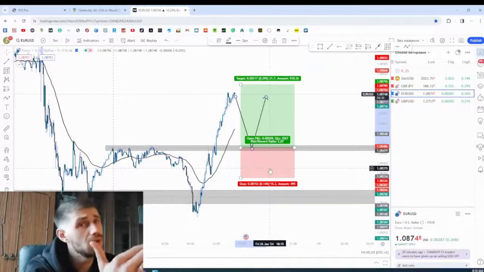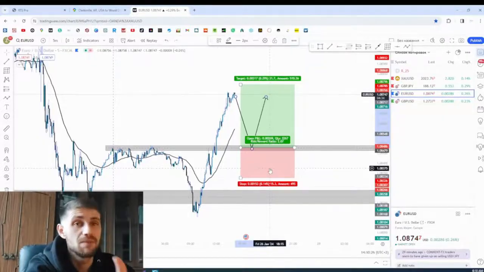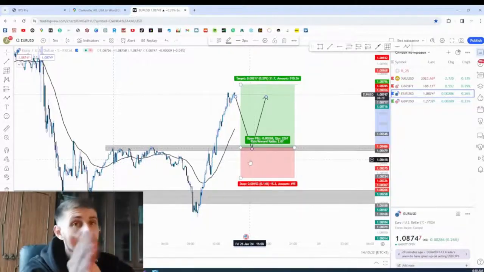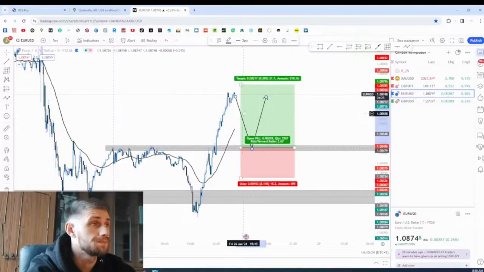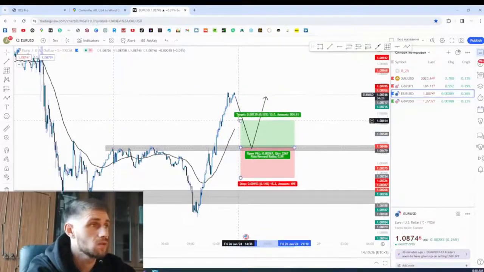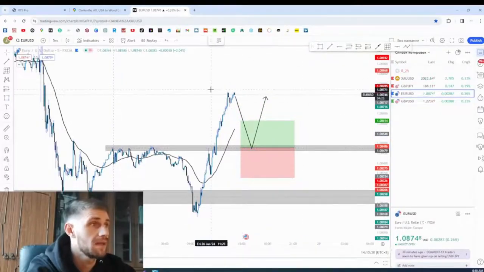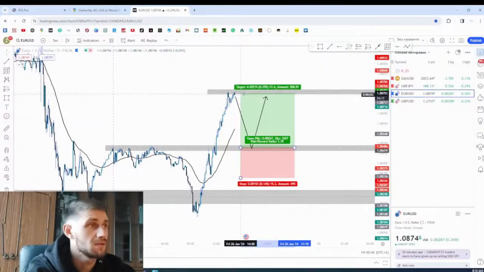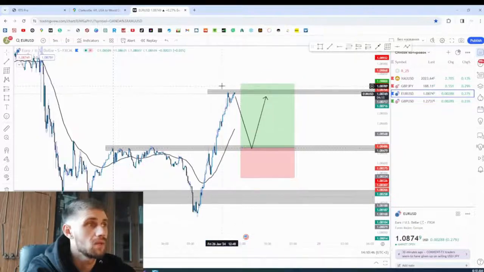Why? If you could just avoid that, the fact that you're avoiding this loss could literally be increasing your win rate. How? Very simple. You just take 1-to-1. For example, you're saying, man, I'm gonna take my full TP right here, from here to here is gonna be 1 to 2. I want to take 1 to 2s.